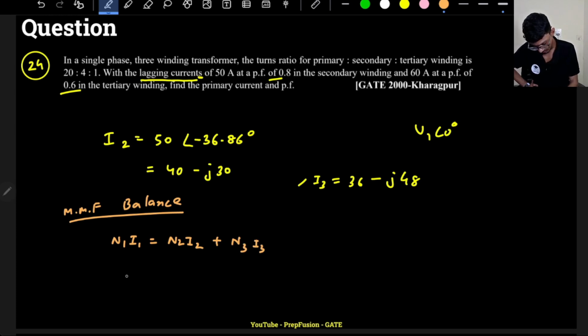So N1 is 20, I1 I have to find out, N2 is 4, I2 is given as 40 minus J30, plus N3 is 1 into 36 minus J48.